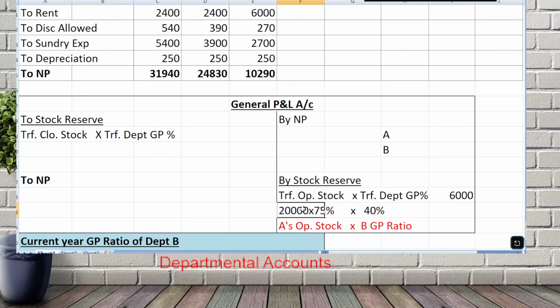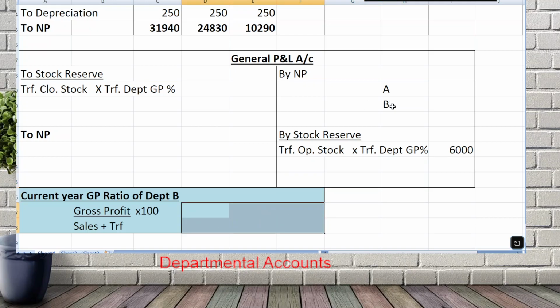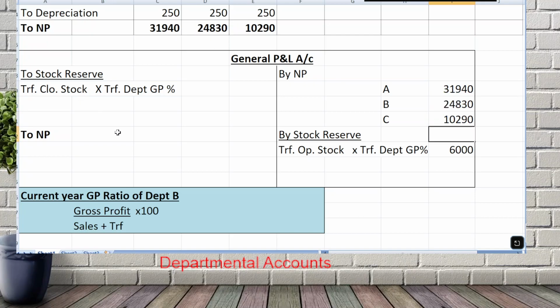A lot more to do in this. Tell me the net profit of ABC. 31,940, 24,830, 10,290. Then gross profit of which department?